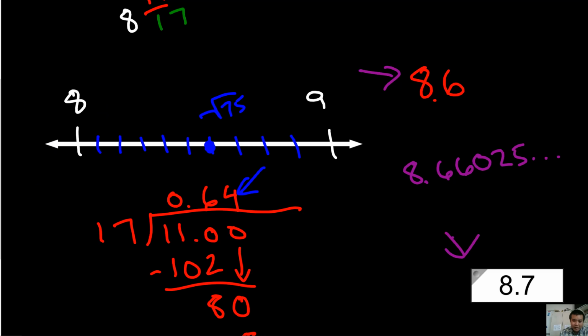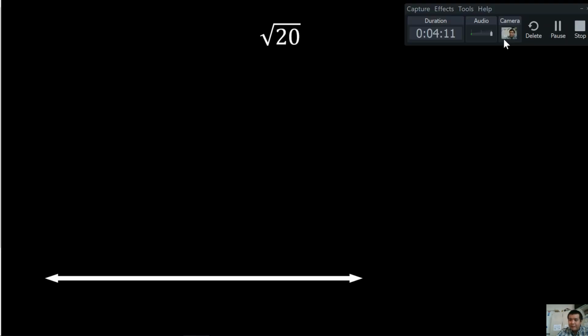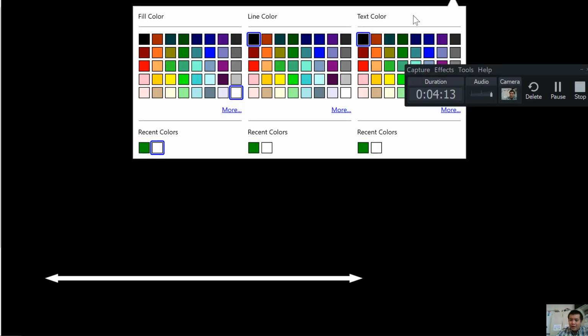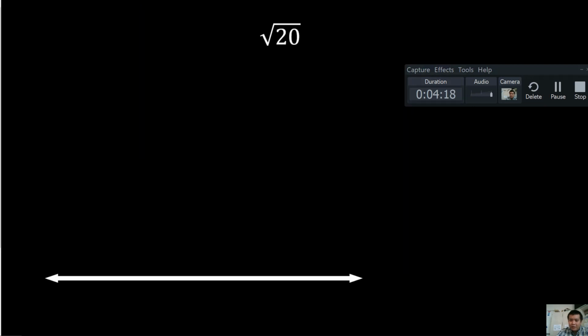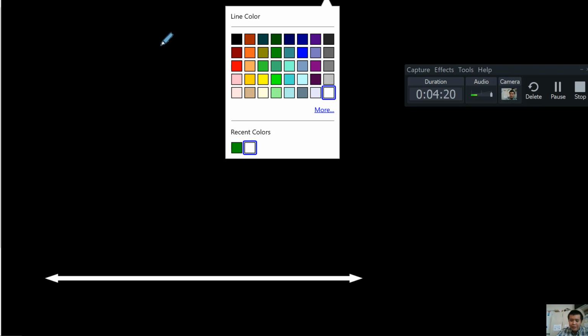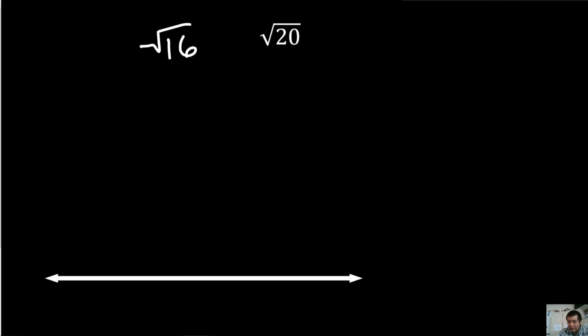But be sure to be using this method. Try this one out on your own. So for this one, it's going to be in between the square root of 16 and the square root of 25.